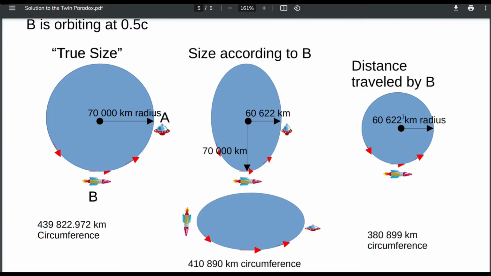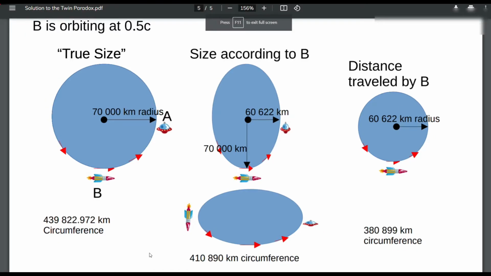But the radius of this circle will only be 60,000 kilometers, and B will only ever travel 310,000 kilometers per orbit. This is interesting because keep in mind, B's actual distance traveled is not only less than what A thinks B has traveled, it's also less than his own interpretation of the distance. Remember, from B's perspective, the orbit is actually an oval that's 410,000 kilometers in circumference.